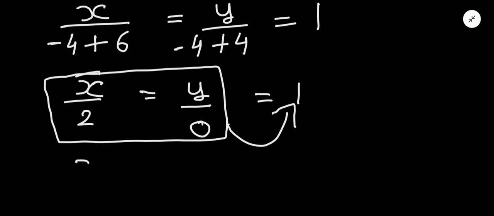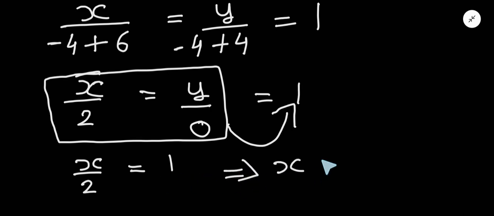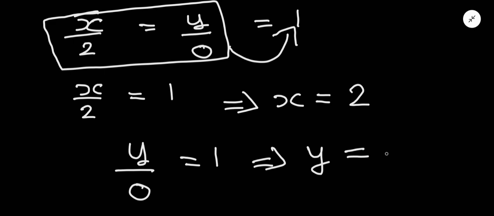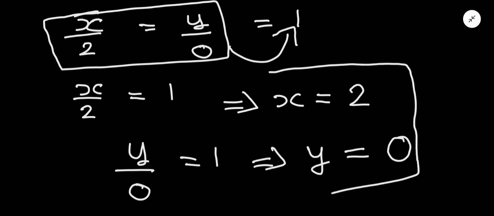So x upon 2 is equal to 1, which gives x is equal to 2. Similarly, y upon 0 is equal to 1, which gives y equal to 0. So the final solution is x is equal to 2 and y is equal to 0.